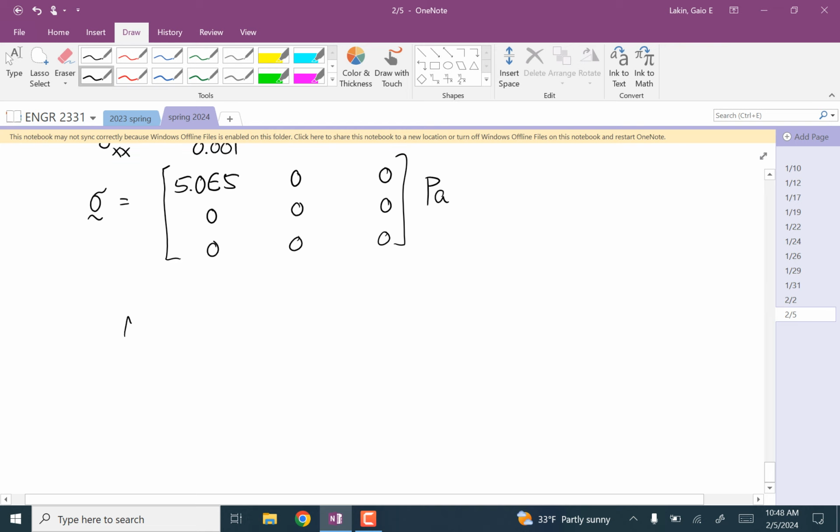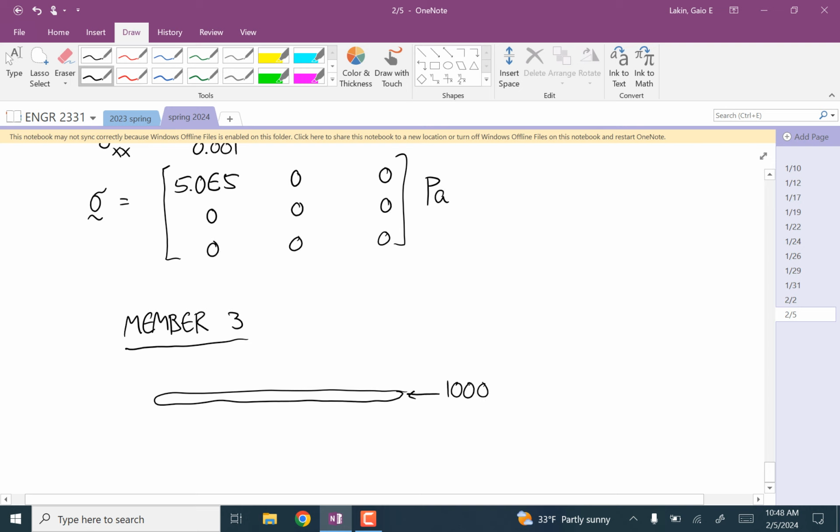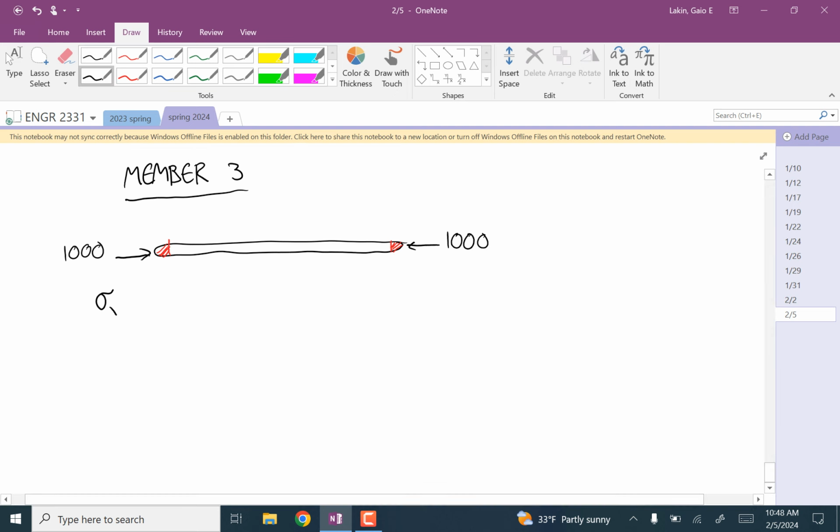And then for member 3, this one is in compression of 1,000 newtons. So the XX stress is negative 1,000 divided by 0.001.